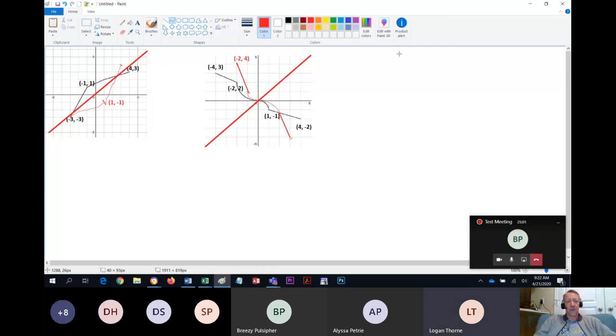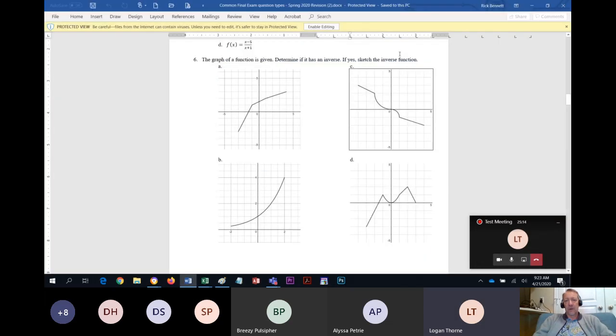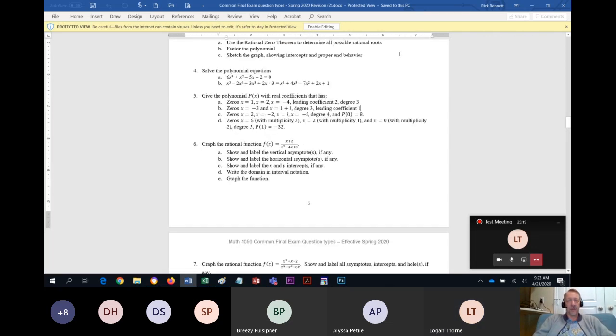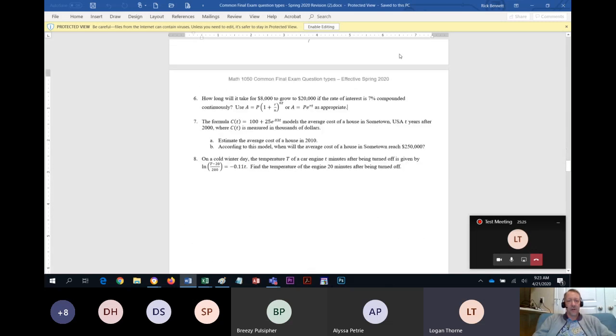Can we go over the question about graphing the rational function, labeling all the asymptotes, intercepts, and holes? It's just down past the rational zero theorem questions. What page is it? Mine says page 8, but they were different yesterday.